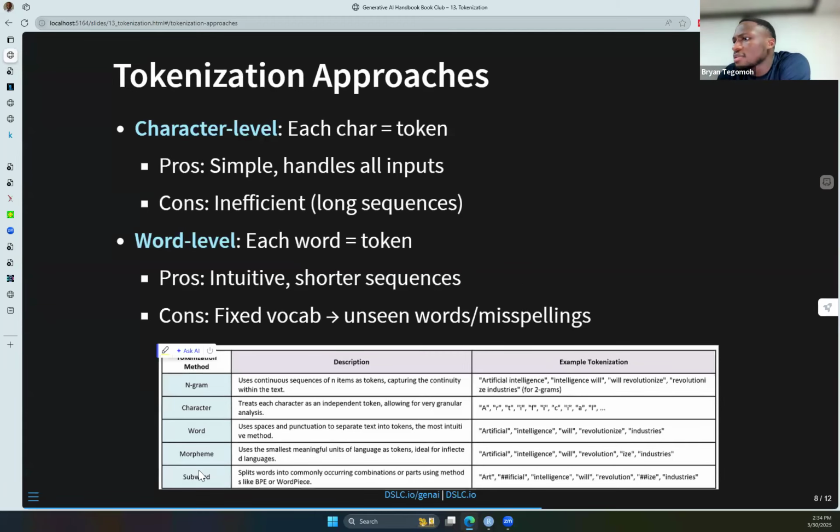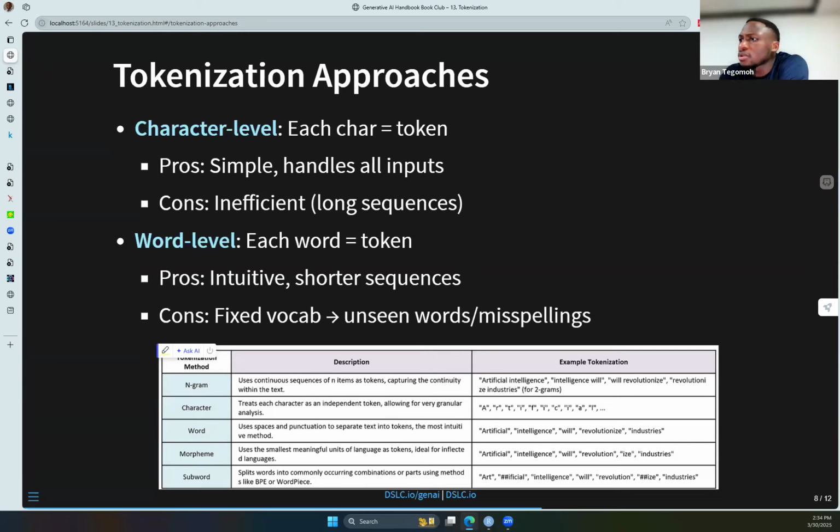These are other methods that are used for tokenization. We have the n-gram, which uses continuous sequences of n terms as tokens and captures the continuity within the text. We have an example here: artificial intelligence will, and so on. We have character, which I just described, where you break down each character into independent tokens, allowing for more granular analysis.